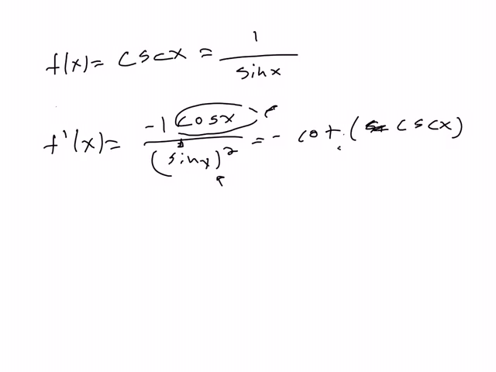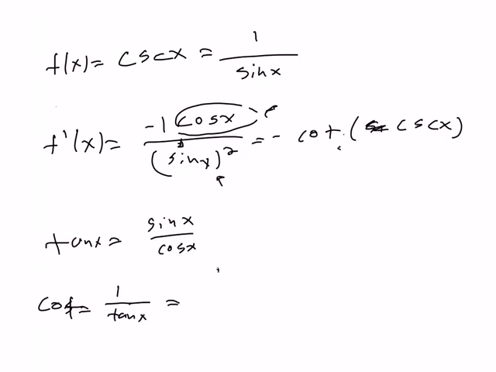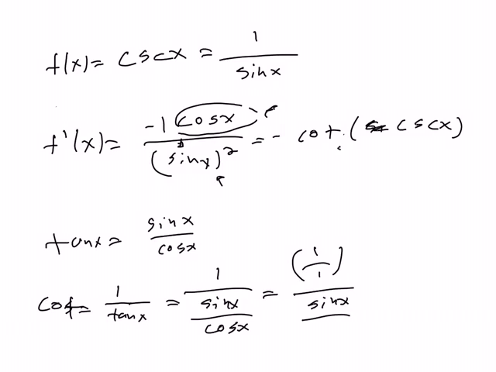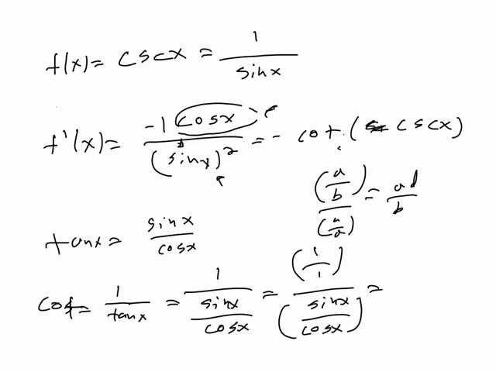Let me write this more clearly. Tangent x is equal to sine x over cosine x. Cotangent is equal to 1 over tangent x, which is equal to 1 over sine x over cosine x, which is equal to, by the rule I just mentioned, a over b over c over d is equal to ad over bc.